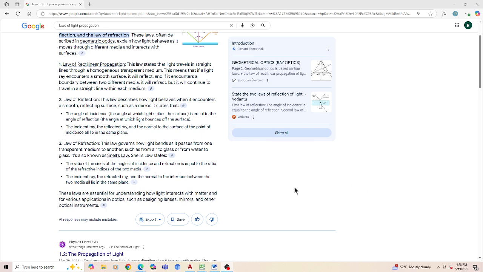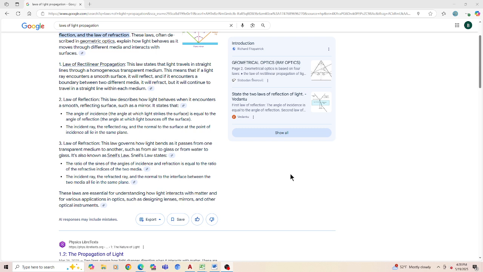The law governs how light bends as it passes from one transparent medium to another, such as from air to glass or from water to glass. It's known as Snell's law. Snell's law states the ratio of the sines of the angles of incidence and refraction is equal to the ratio of the refractive indices of the two media.